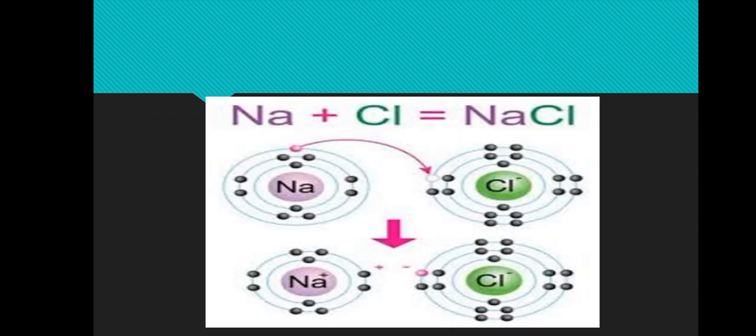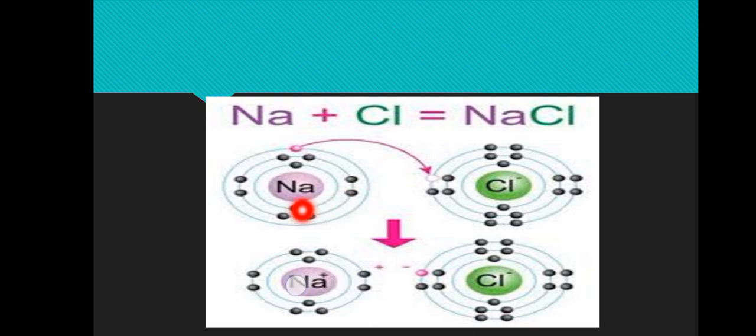Let's see the example of sodium chloride, which is the most common example. As you all know, NaCl is considered a stable salt, the salt most commonly used in our houses. So NaCl. First, see the sodium ion. As you know, sodium contains 11 electrons in total, because its atomic number is 11.